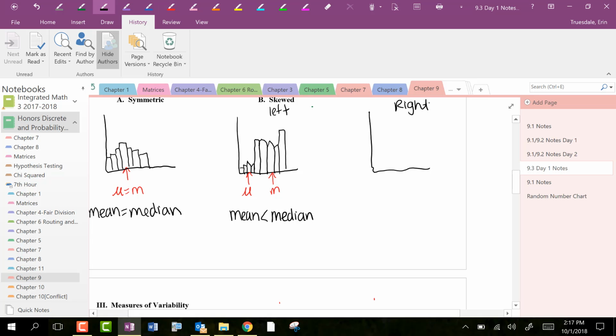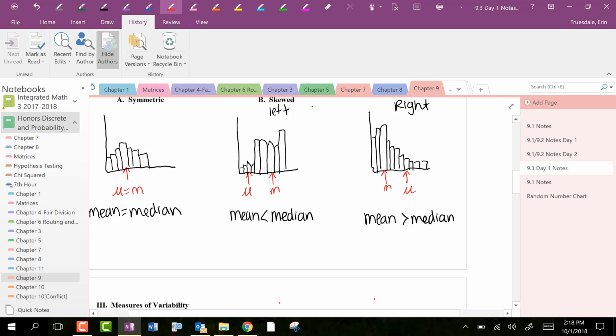When it's skewed right, it's obviously the opposite of that. So the mean here is greater than the median. Your median is someplace down here, and then your mean is greater than it.